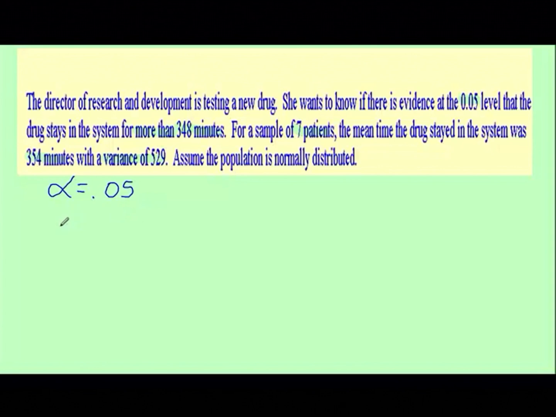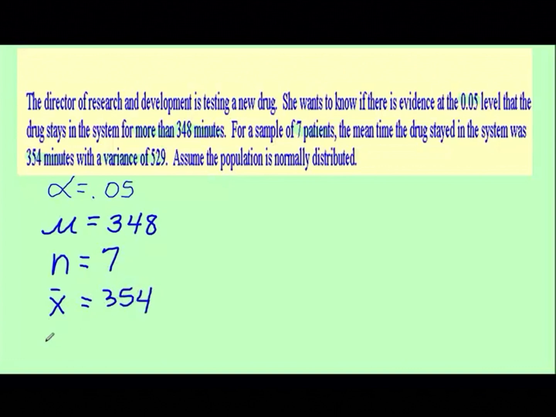The drug stays in the system, according to what they say, 348 minutes. Sample size is small, 7. Of that sample, X bar is 354, and the variance is 529.